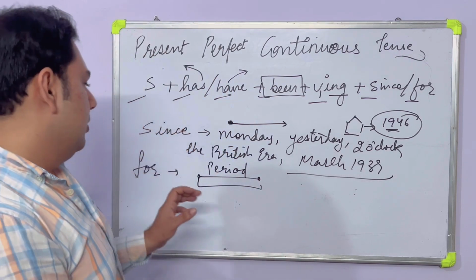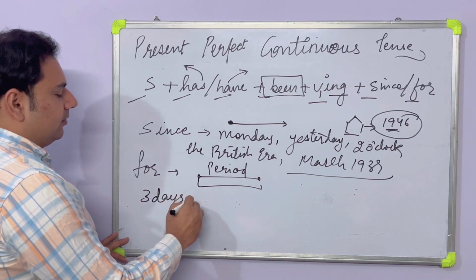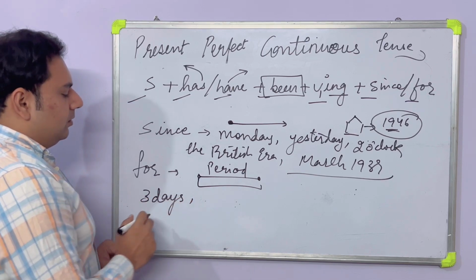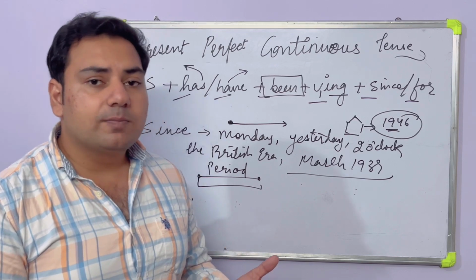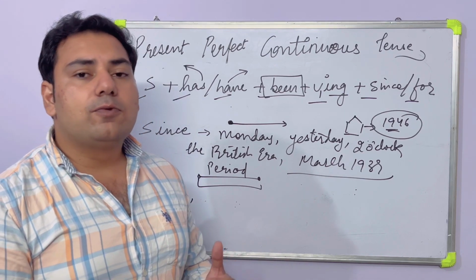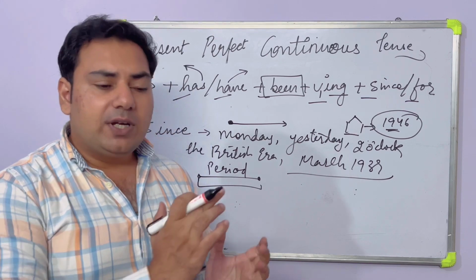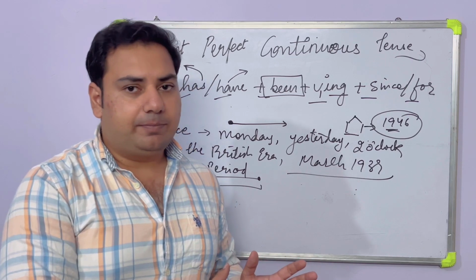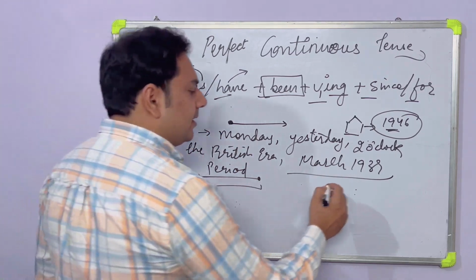So this is going to be like for 3 days, for several months, for 2 months, for a year, for 10 years, for a decade. So we are actually talking about a particular period of time.